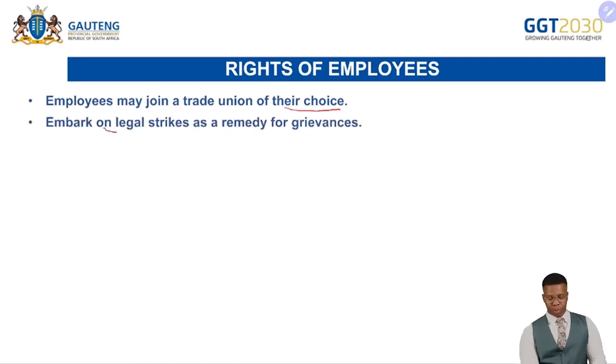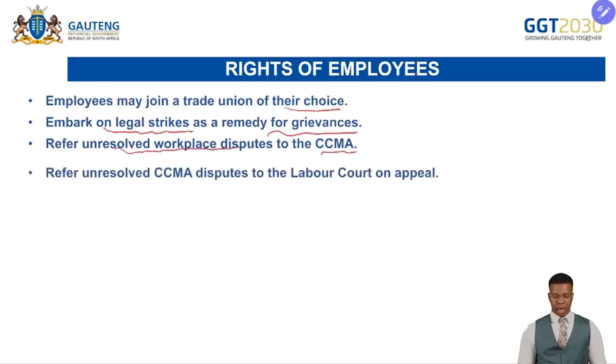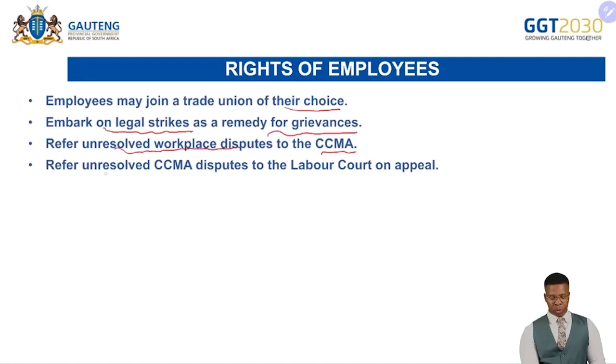They have a right to embark on a legal strike as a remedy for a grievance, meaning a working condition that is not making the employees happy. And then they have a right to refer an unsolved workplace dispute to the CCMA. And then another one, they have a right to ensure that unresolved CCMA disputes are referred to the Labor Court on appeal.